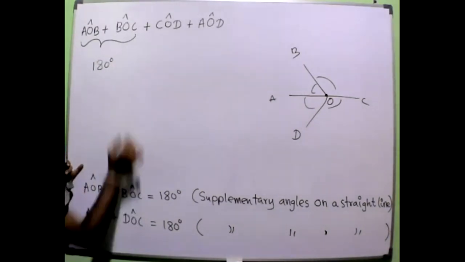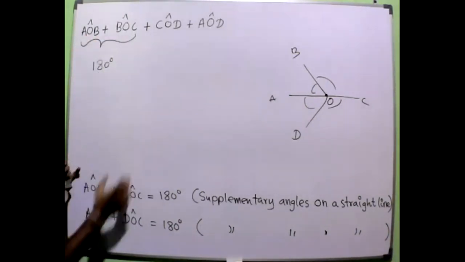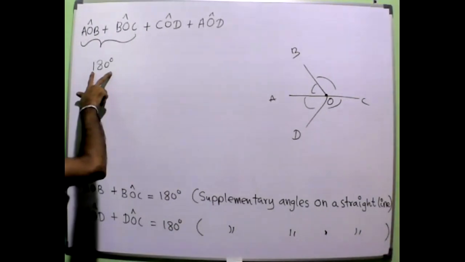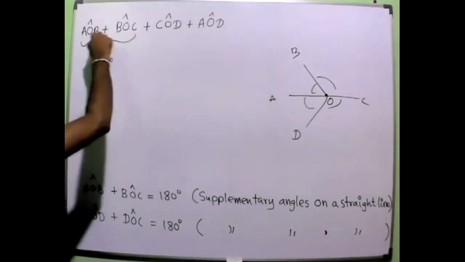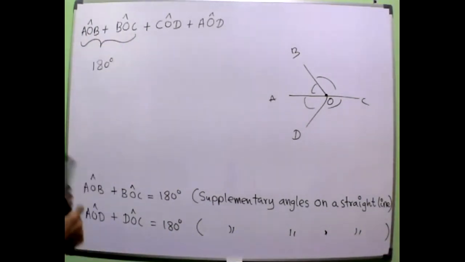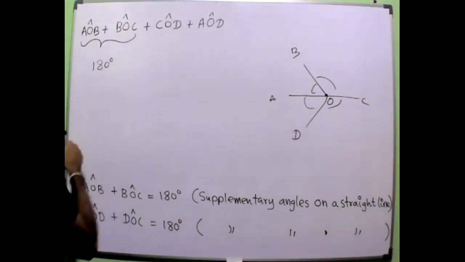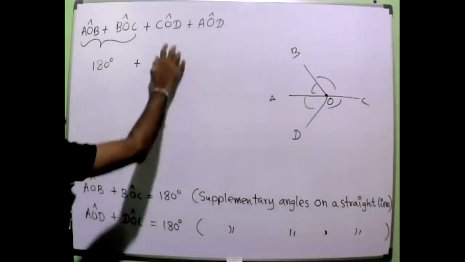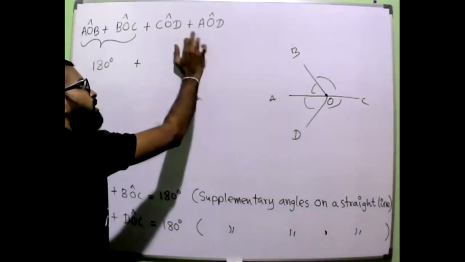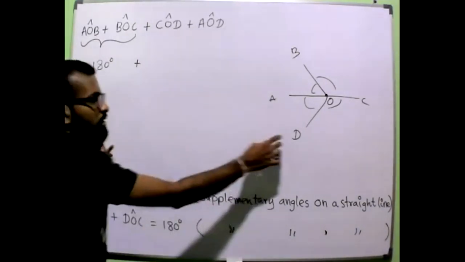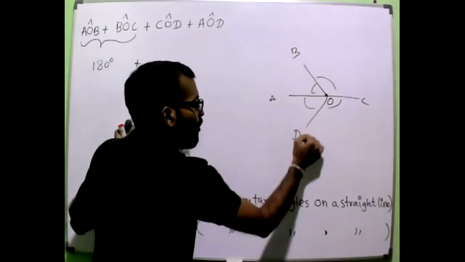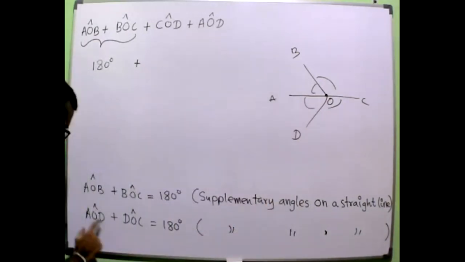I have substituted 180 degrees for these two. Now plus, I will put plus here. Now COD plus AOD, that means the bottom two angles. So, what are our bottom angles?